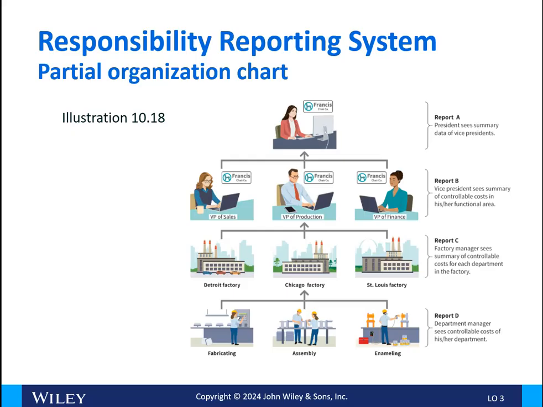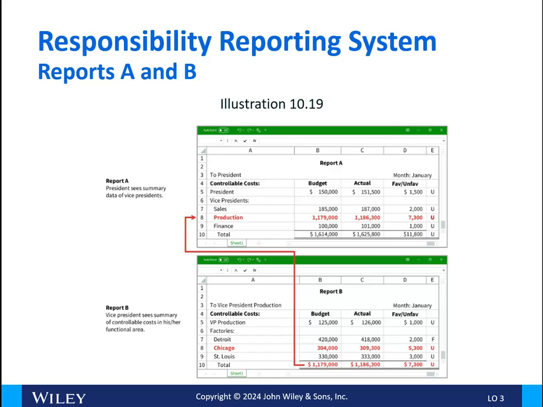Now, if we look at the actual reports, we're going to start with A and B. Report A is the president level. They've got their vice presidents listed, sales, production, and finance that we looked at, and they see all those and what's favorable and unfavorable.